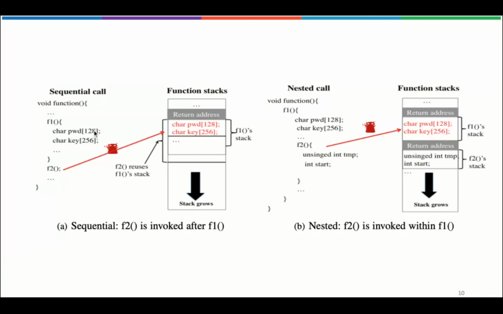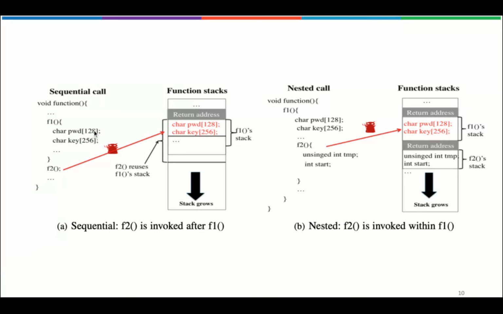Now, in many scenarios, F2 will reuse some memory from the F1 stack to optimize the memory usage. That is one. The second one is that F2 will have access to the password array and key array in the stack frame of F1, because of the foundational requirement that we talked about: functions in a thread trust each other and can access memory of each other.